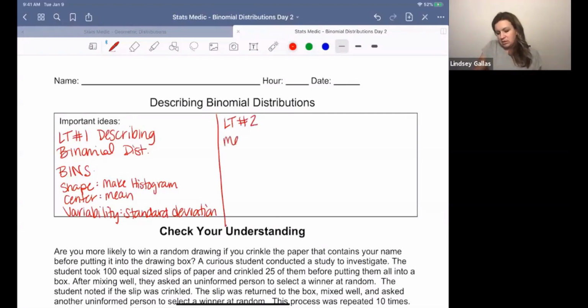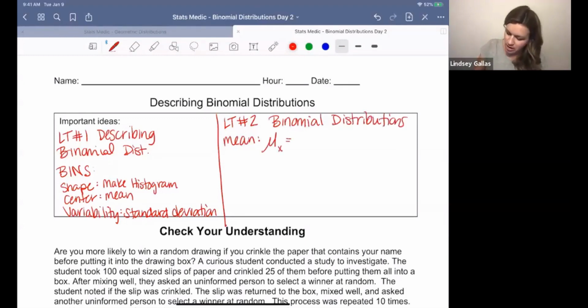So the mean, let's add in this. So I'm going to say again, so for binomial distributions, the mean is mu, we usually use x there, is equal to n times p.